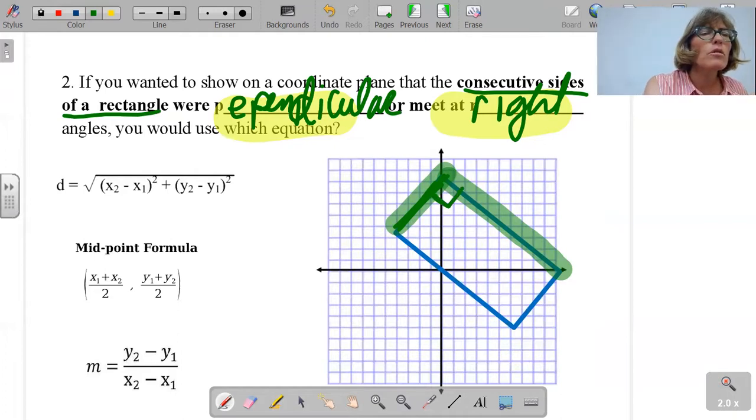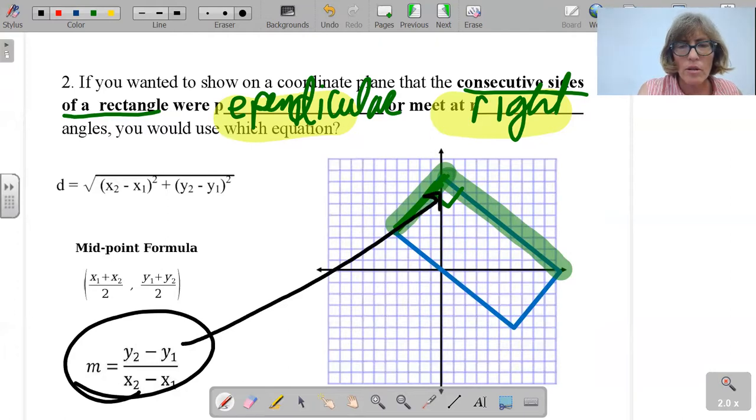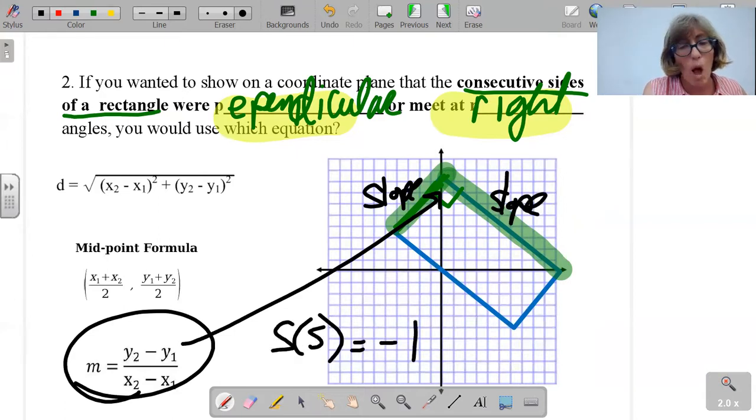You would use slope. And the reason is, if I found the slope here, I found the slope here, and we know slope times slope equals -1 for perpendicular lines, that would prove there's a right angle there.